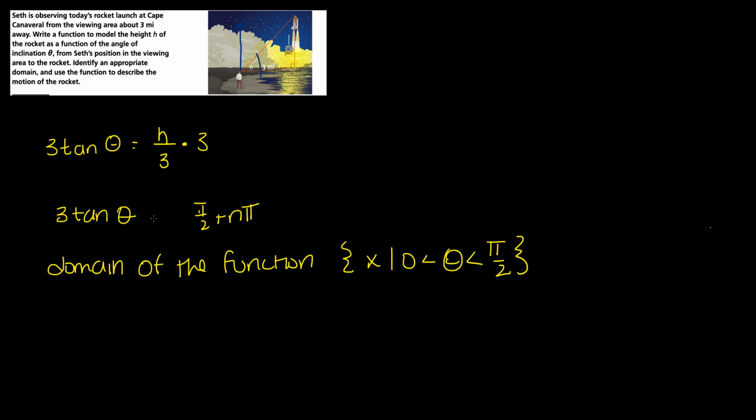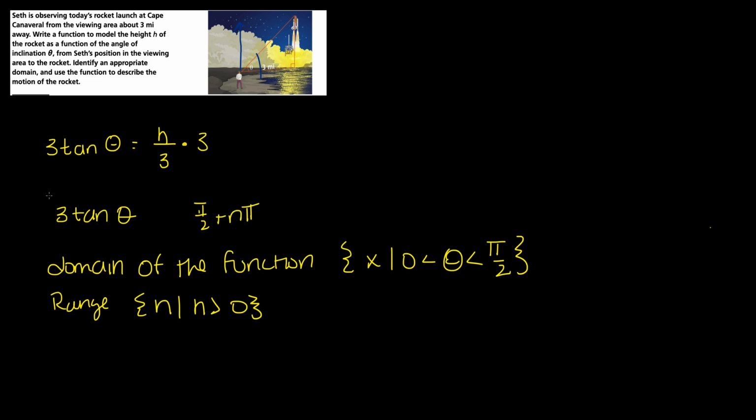Looking at that, I think they want the range. The rocket is hopefully not going down into the earth, so we know the rocket's height is going to be above 0. The height can't be 0, because at height 0 we have no rocket. So the height of the rocket is always positive.